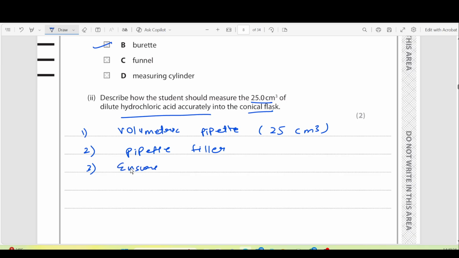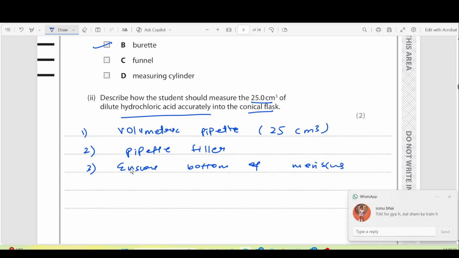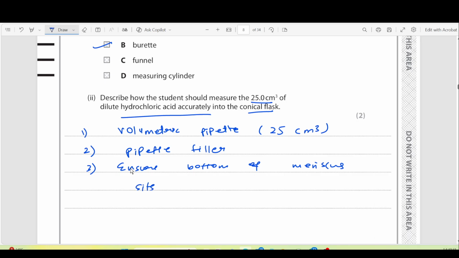Ensure the bottom of the curve sits exactly on the line.